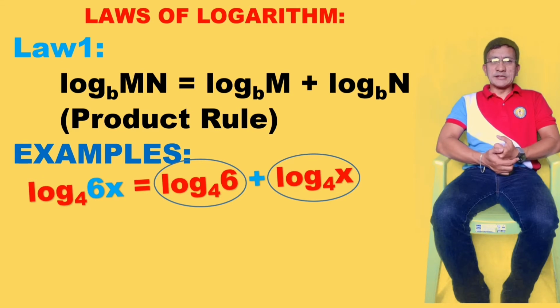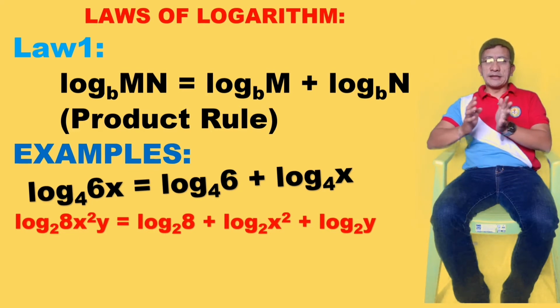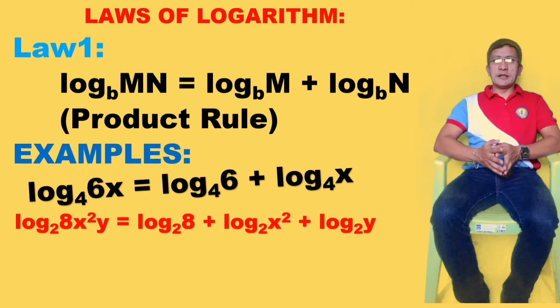We just separate 6 and x. Example number 2 is log of 8x squared y with base 2 equals log of 8 with base 2 plus log of x squared with base 2 plus log of y with base 2. Again, we just added the three factors, 8, x squared, and y.